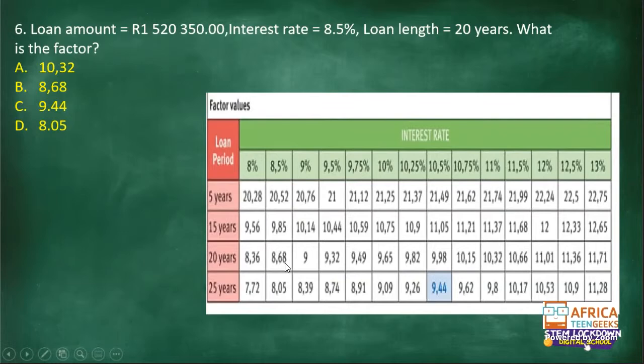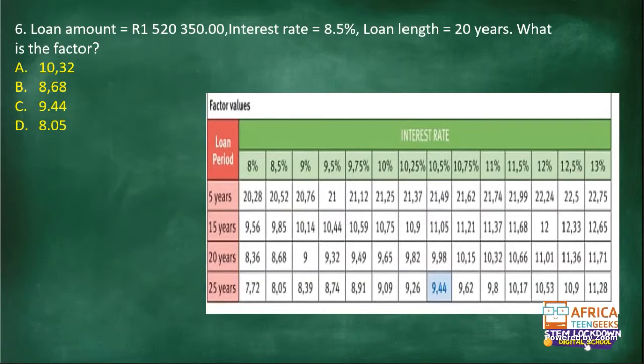That is how the factor value will be as far as this table is concerned. That is what will be reflected on our table, which is now the factor value.